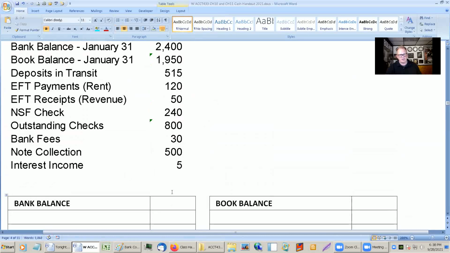Okay, so the bank balance will be $2,400. And the book balance is $1,950.